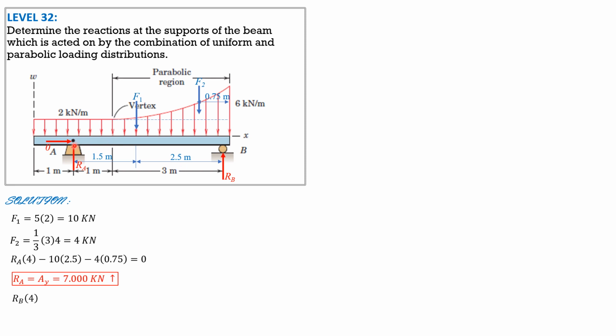So R sub B times 4 minus 10 times 1.5 minus F2, which is 4 times quantity 4 minus 0.75, or 3.25, equals 0. So R sub B is equal to 7.00 kilonewtons upward. So that's it for this problem.